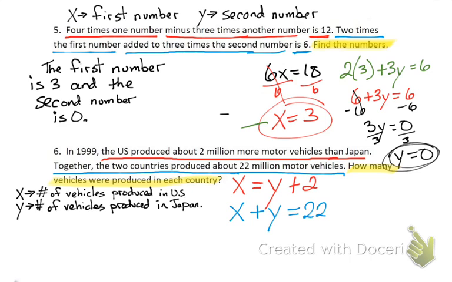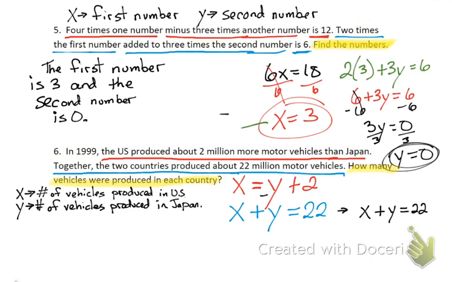So since we're using elimination, we want to set these up to eliminate. And in order to do that, they need to be in the same format. And the format this bottom equation is in, x plus y equals 22, is the standard form, and that's the form we usually use to make elimination happen.